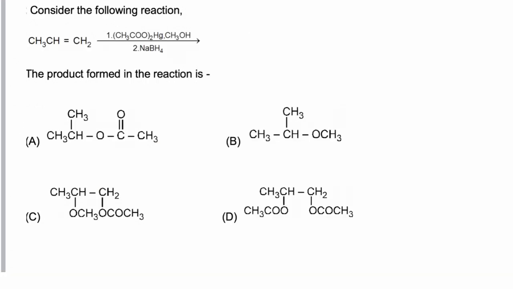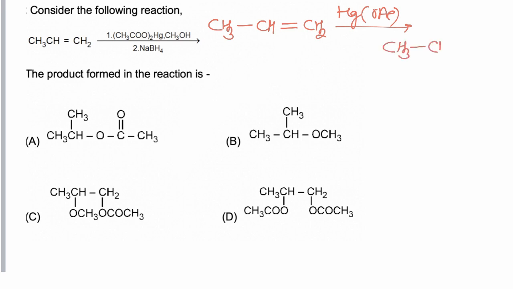In this reaction we have to find the final product of the reaction. Now propene is taken, and propene on reacting with mercuric acetate is first converted to a cyclic intermediate, CH3CH-CH2 with Hg OAc positive.